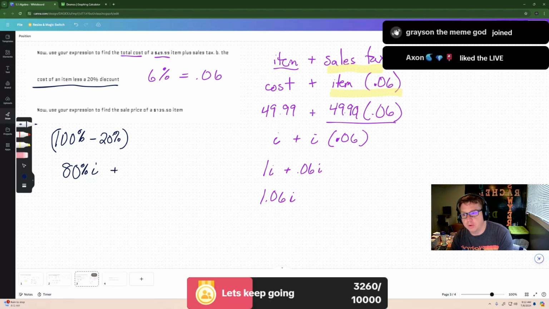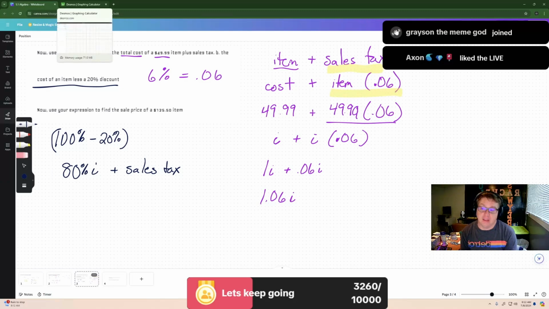And then, of course, remember, we have to add on sales tax. Okay? If we were looking at the sales tax, would we still be paying $3 in sales tax? The answer is yes.